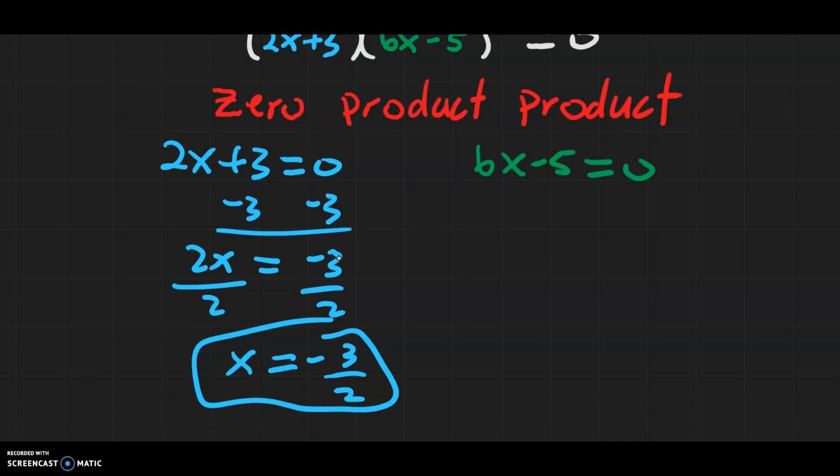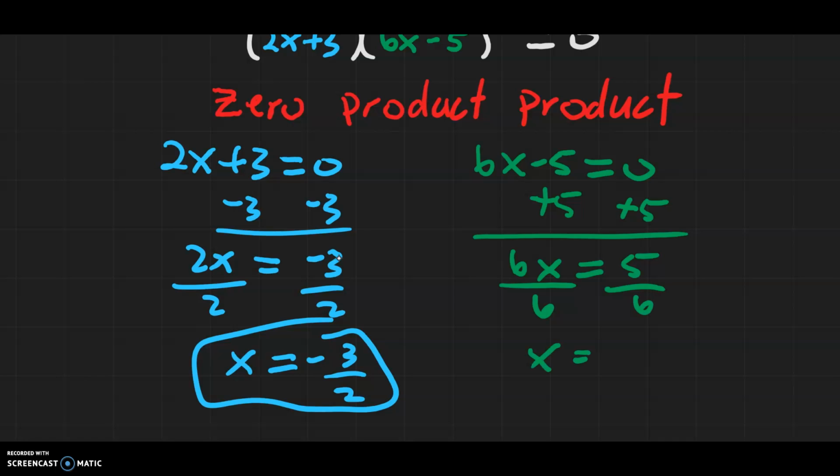And over here, add 5 to both sides, and we have 6x equals 5. Divide by 6, and x is equal to 5/6. So those are my two solutions, and we did it by factoring. So hopefully this will help you in factoring and solving equations by factoring.